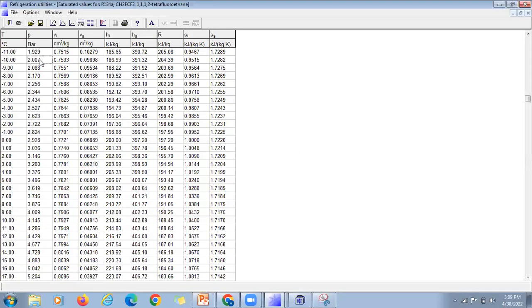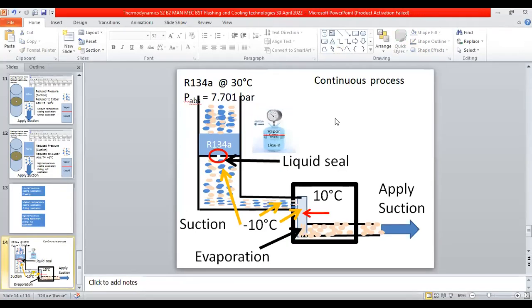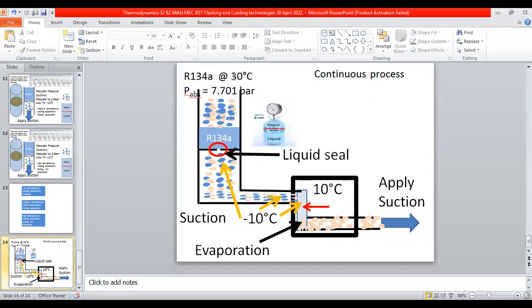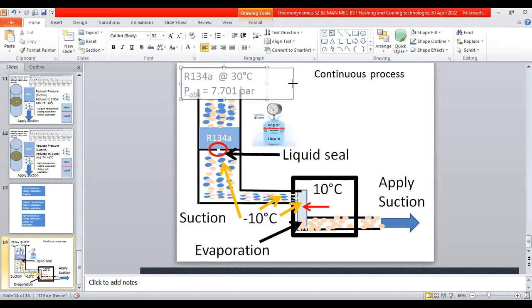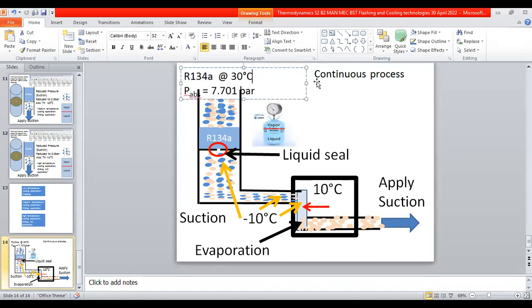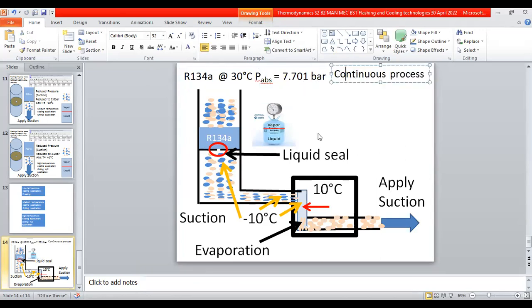Two bar. See, 2 bar. So here, seven bar.